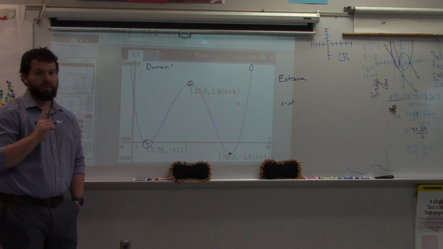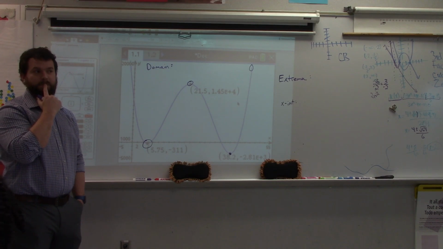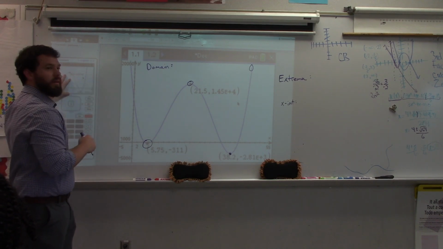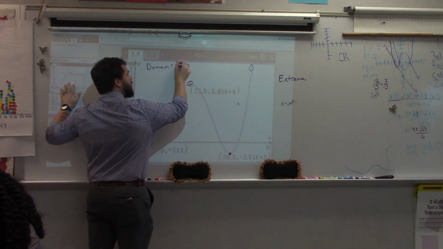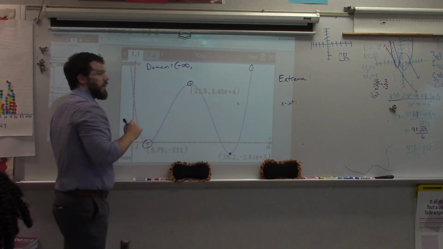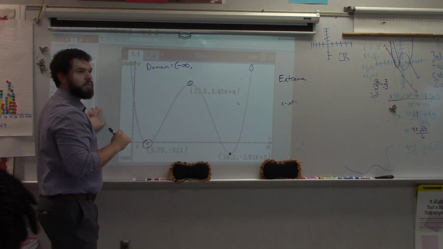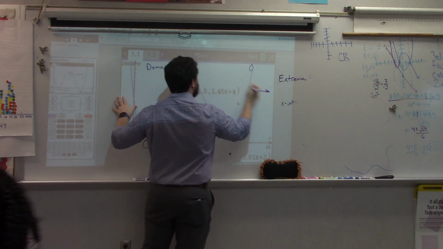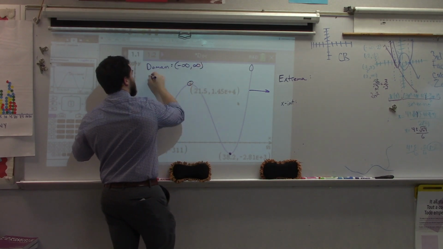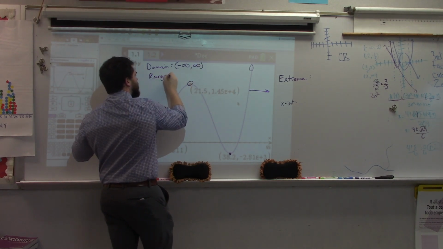So what's my lowest x value? Does it ever quit going to the left? Negative infinity. What's my highest x value? Does it ever quit going to the right? Positive infinity. So now let's talk about range.